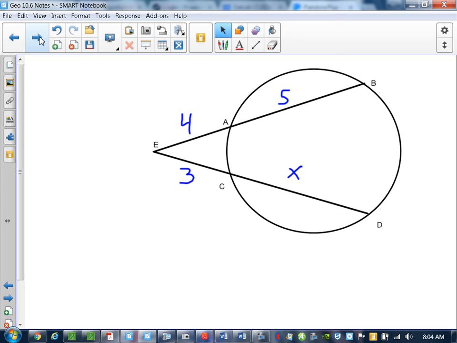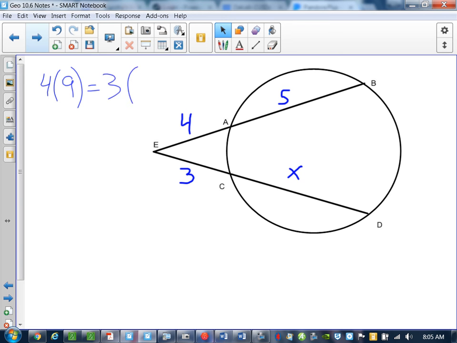If I'm looking at the top segment, EB, what's my outside? 4. What's the whole thing? 9, because you add. Equals, what's your outside? 3.